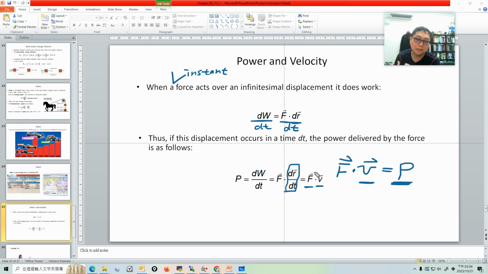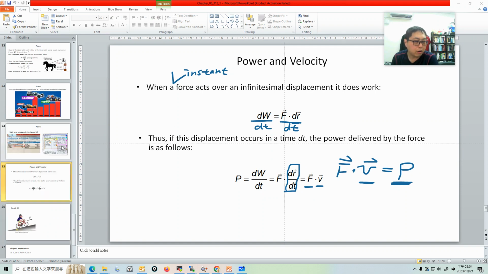I'm not saying the formula is wrong; the formula is correct, but the derivation is sometimes really confusing.